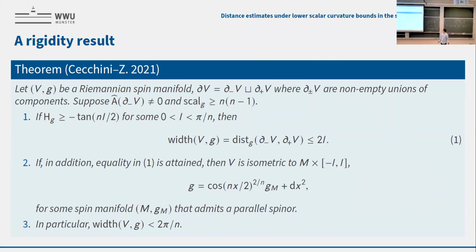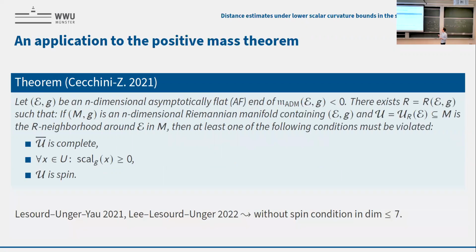All right, now I also mentioned that these kinds of results can be applied in the context of the positive mass theorem. So this was, I guess, already mentioned by Dan yesterday. I will give a slightly different formulation or variation of this, just for the sake of variety.